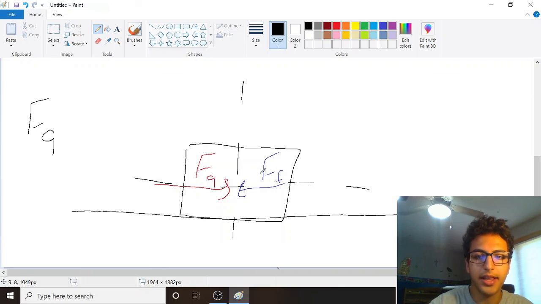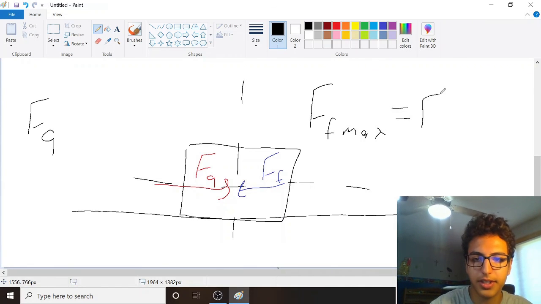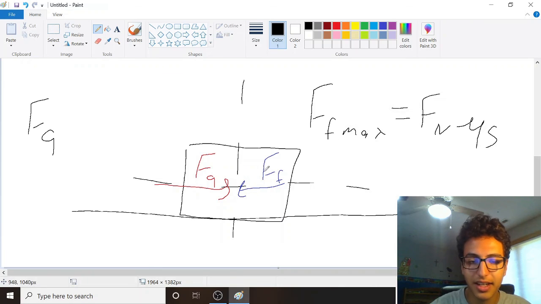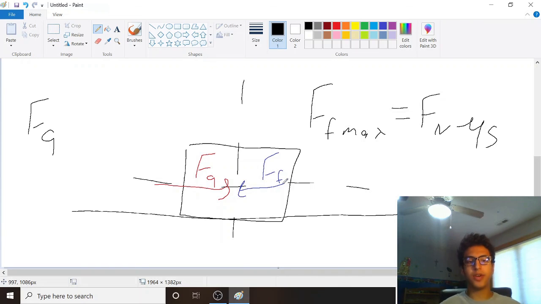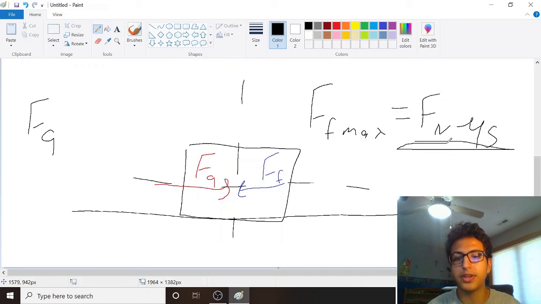So we know that the maximum friction, f max, is equal to the normal force times the static coefficient of friction. But it's not always equal to that. If I don't apply a force, there won't be a frictional force. So it increases as the applied force increases until it gets to this maximum threshold.